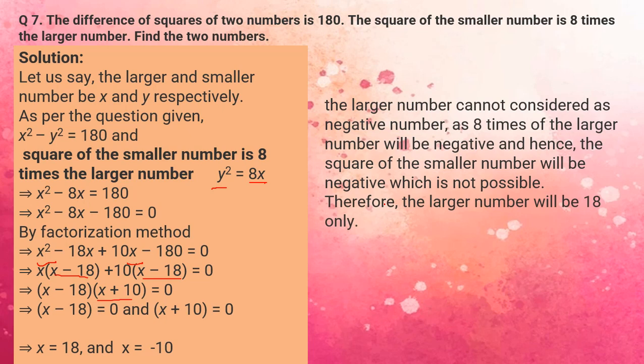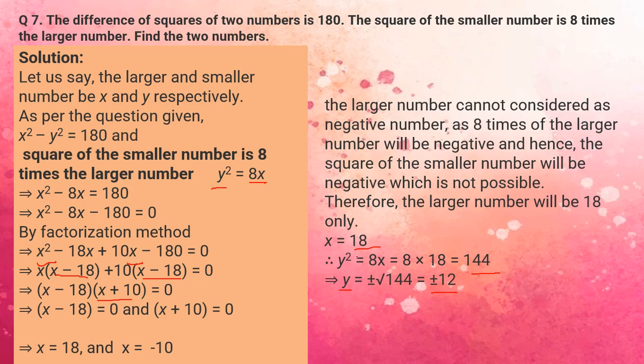When x is 18, we get the value for the smaller number y from y square equals 8x. 8 into 18 is equal to 144. So y square is equal to 144. Then the square root of 144 becomes plus or minus 12. So y, the smaller number, has two values, plus 12 and minus 12.